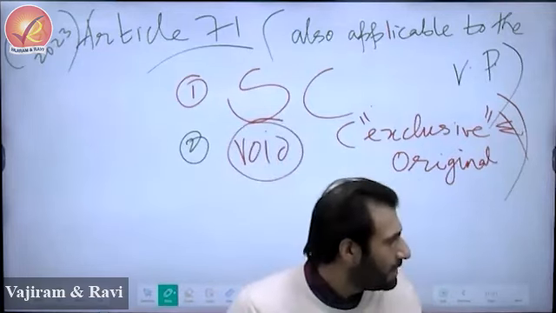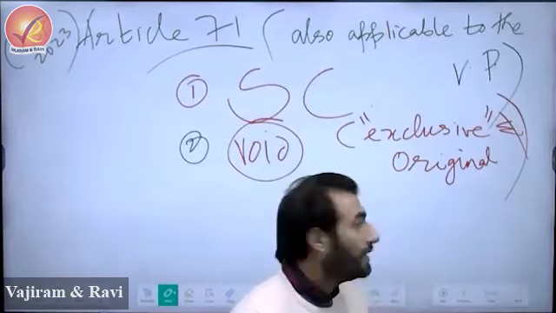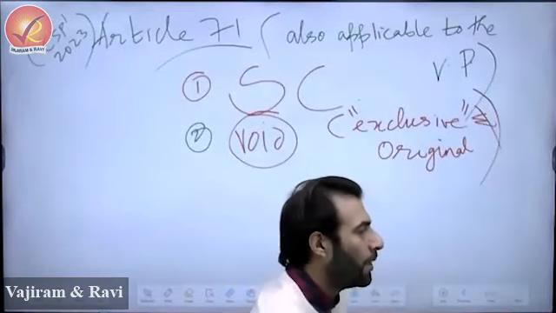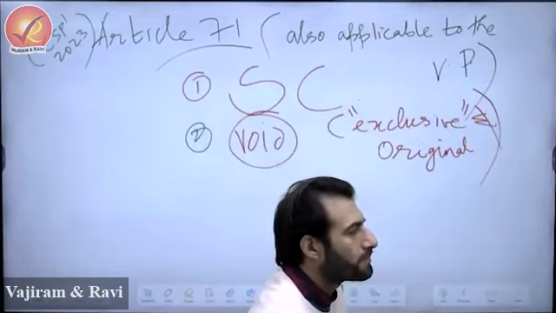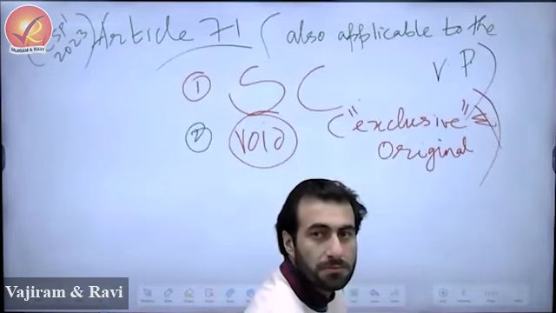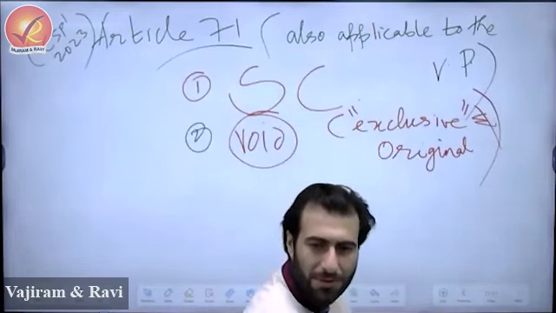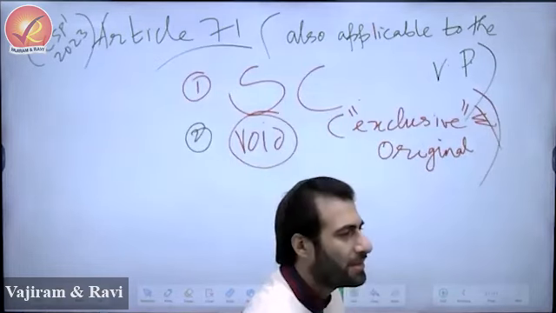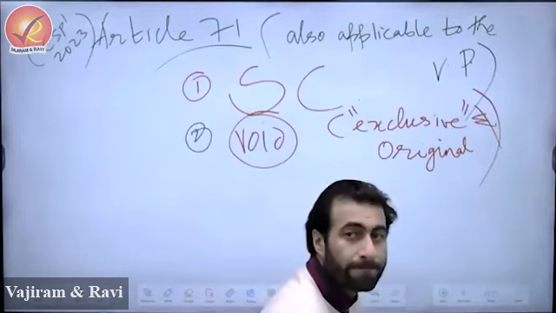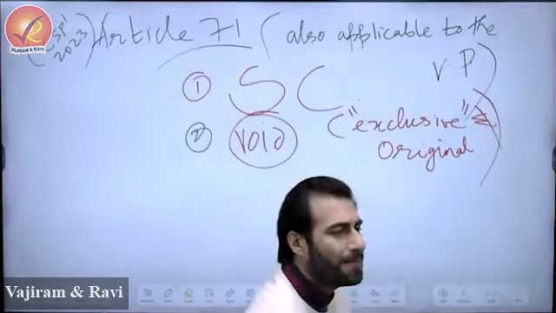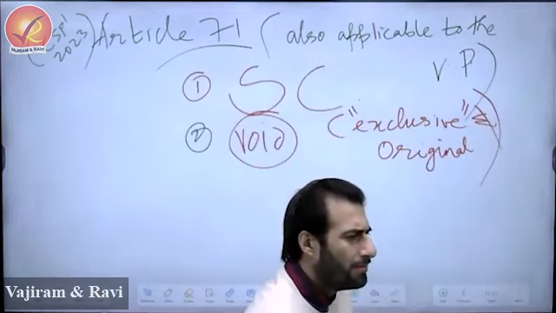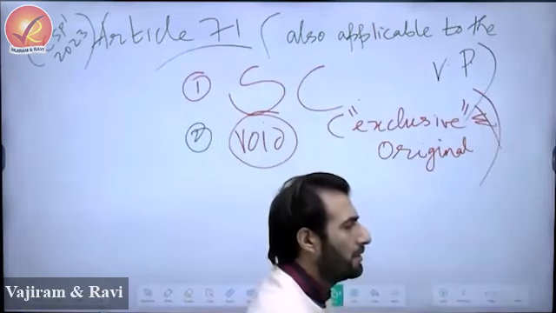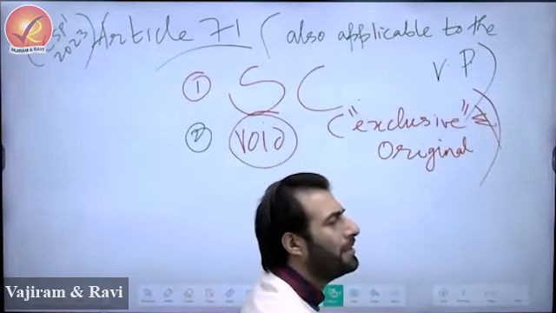If the election is declared void by the Supreme Court, then the actions taken by the President or VP, meant for VP also, actions taken by the P or VP, will they remain valid?